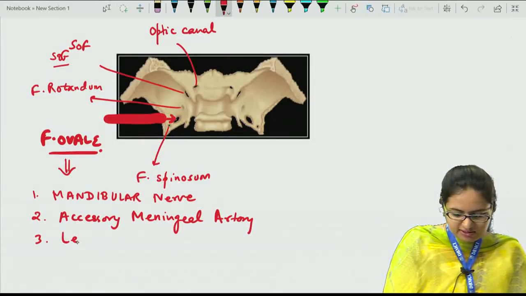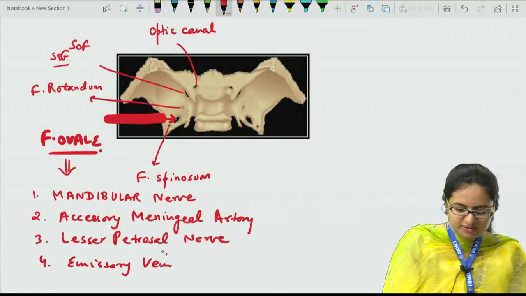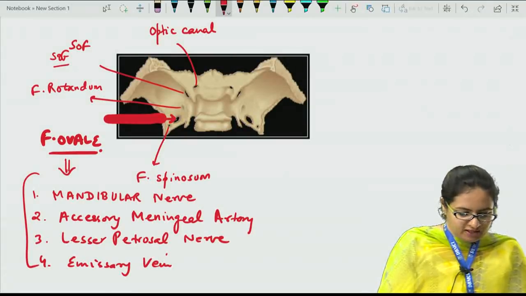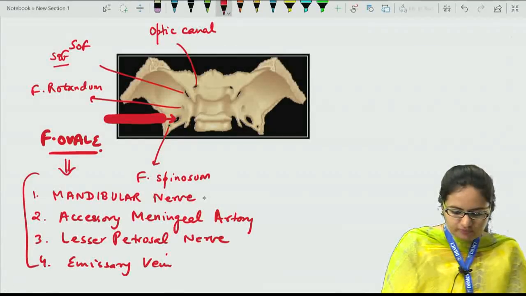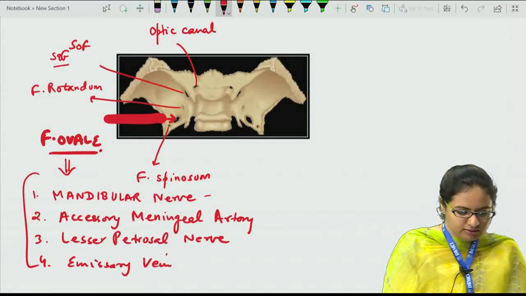The third structure is the lesser petrosal nerve, and the emissary vein. These are the structures passing through the foramen ovale. And of the mandibular nerve, the sensory branch passes through the foramen ovale.